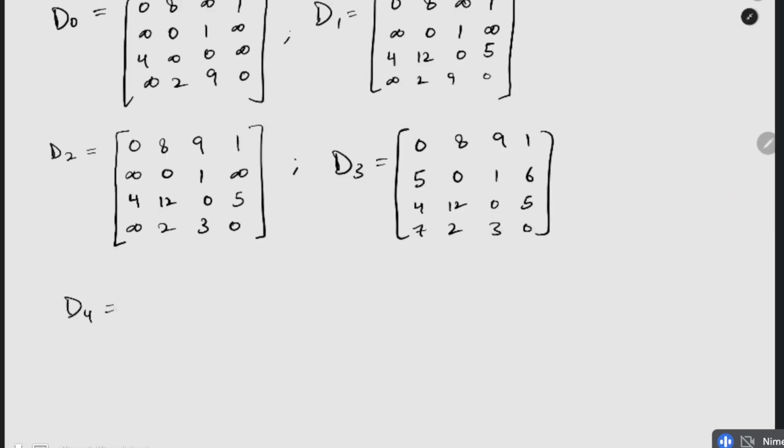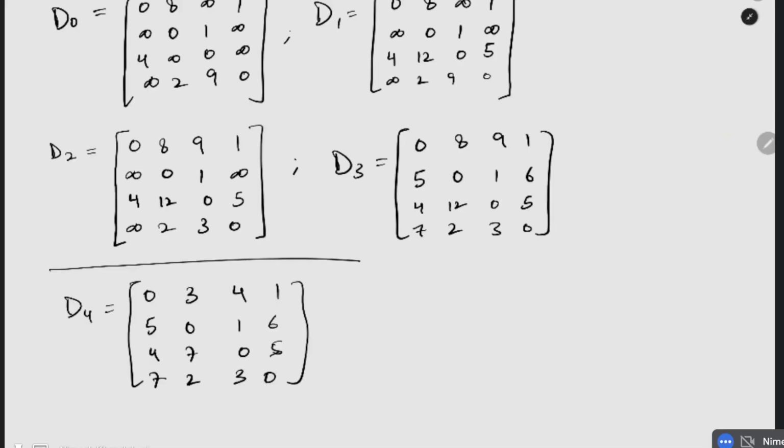And in the last iteration, these values will be updated to 3, 4, 1, 5, 0, 1, 6, 4, 7, 0, 5, and 7, 2, 3, 0. So this is the final all pair minimum cost matrix that we are looking for.